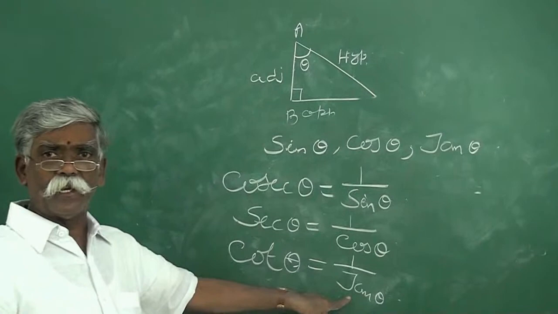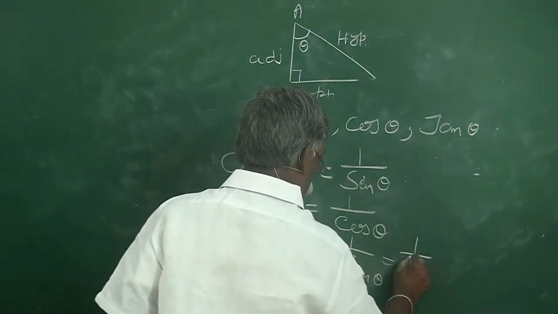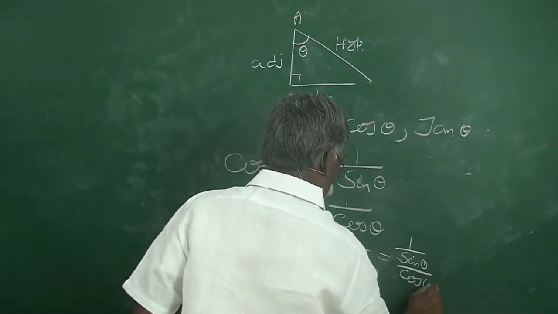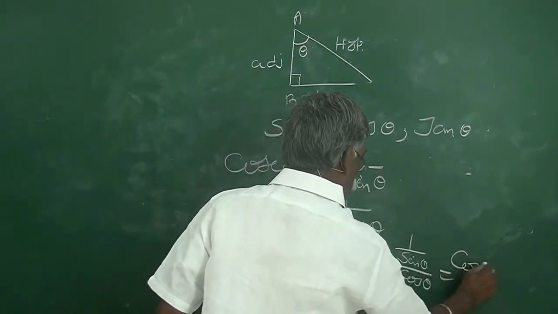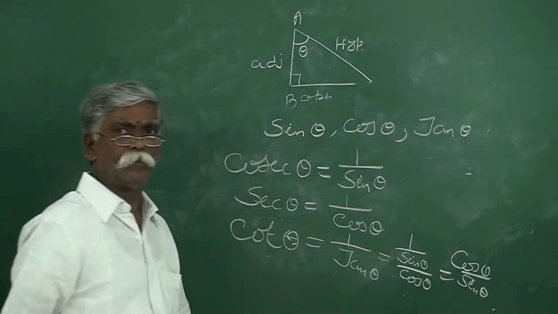And tan theta, we know that it is sin by cos. So therefore this is 1 by (sin theta by cos theta). This is equal to cos theta by sin theta.